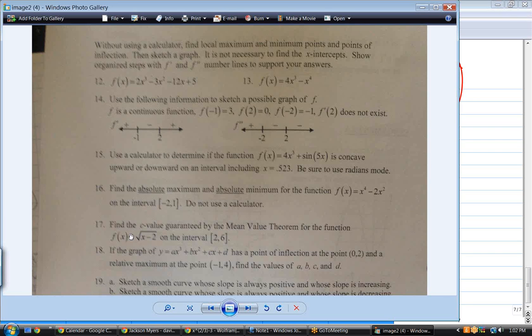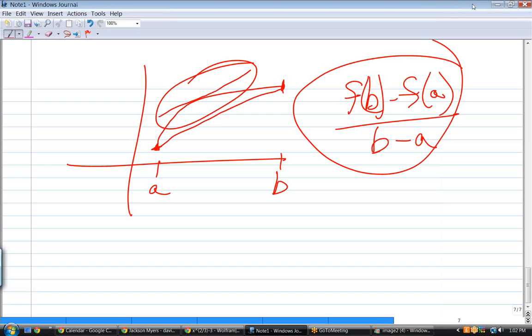Take the first derivative of this function and set it equal to that average rate of change, and you will solve for the C value that has to be there. In other words, in my example, this would be the C value. I knew that there had to be some C on that interval that equaled this. So that's what you're going to do on that problem.